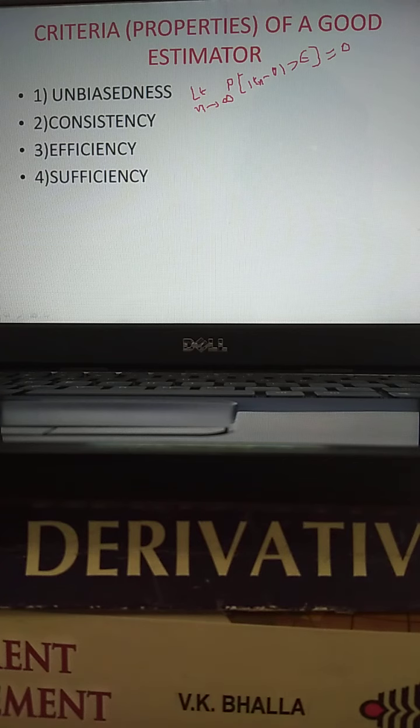But any formula which satisfies two or three properties will be considered a good estimator, a good formula. This is a very, very important discussion. So let us go to the information in the slides.